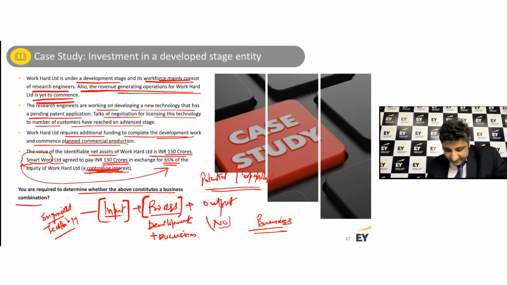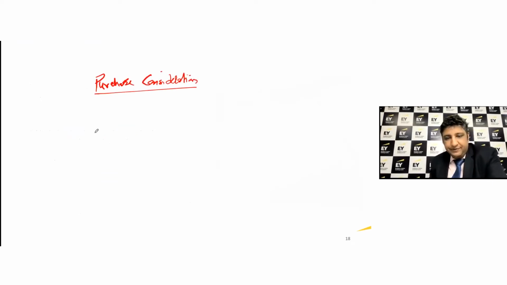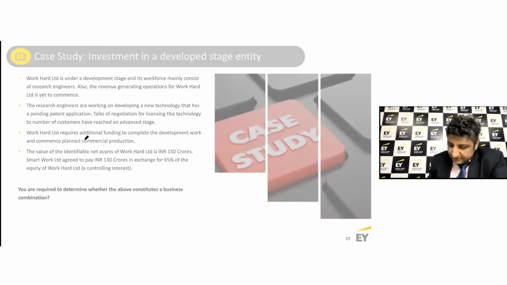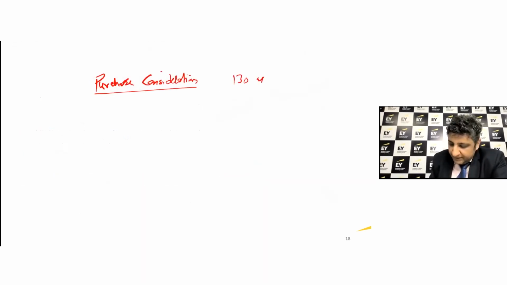So we can simply say that yes, Smart Work Limited is undertaking a business combination in this particular case by acquiring 65% shares in Work Hard Limited. Although we don't want to spend a lot of time talking about the accounting in detail, that is something which is due later, at a subsequent point in time. But effectively, what we are saying is that there's a purchase consideration, wherein it's provided that 130 crores will be paid for a 65% stake.